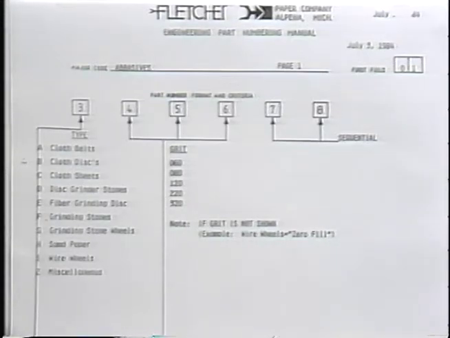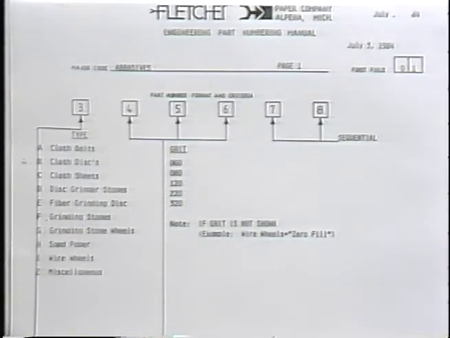So in abrasives, the first field is 2 digits, 0, 1. The second field is 1 digit. The third field is 3 digits. And the last field, digits 7 and 8, is 2 digits, and you notice the term sequential.